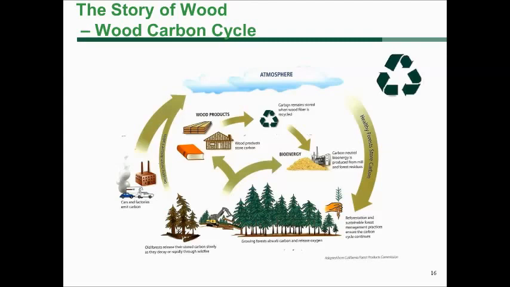We can also see sometimes insect infestation that weakens the trees, and then those trees can be prone to wildfires. And then what happens is when there are wildfires, or when they're no longer efficiently storing carbon dioxide, that carbon dioxide can be released out in the atmosphere.